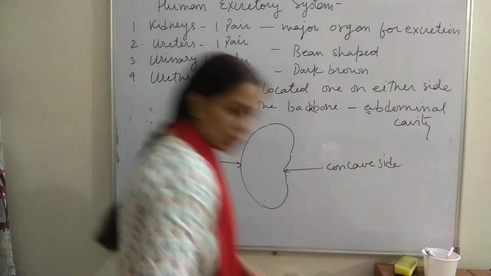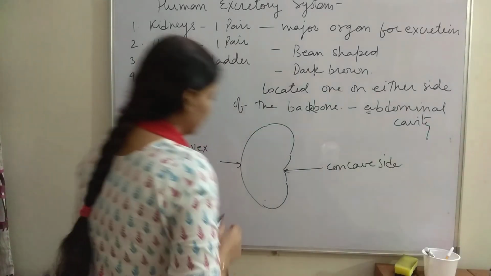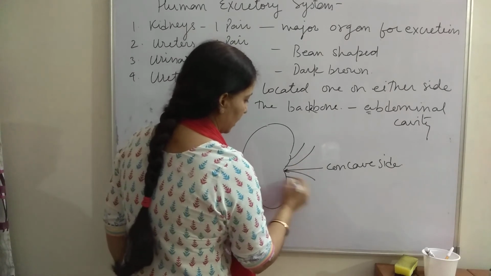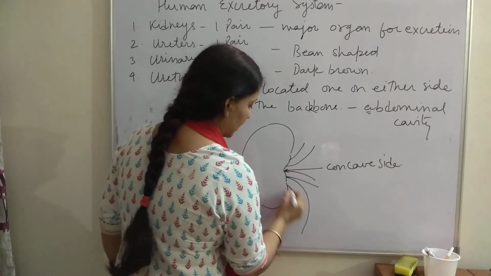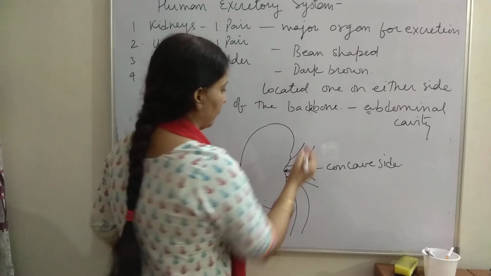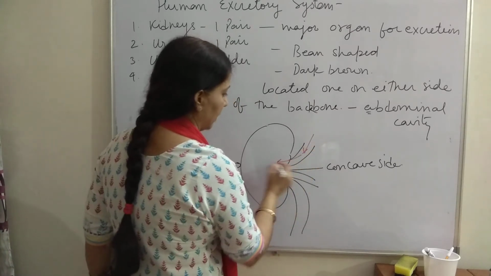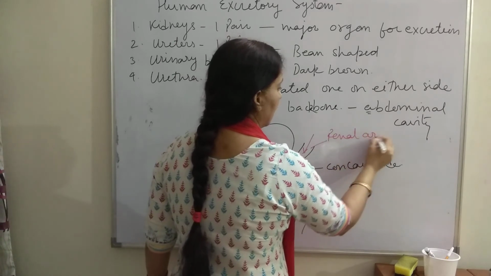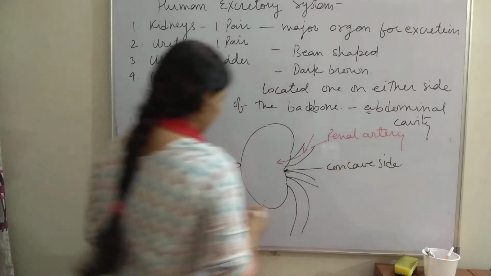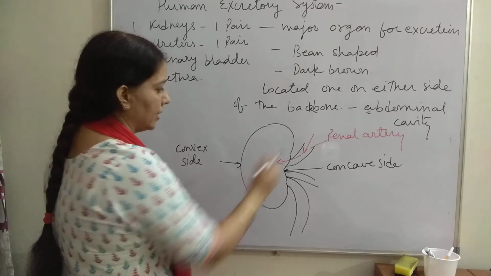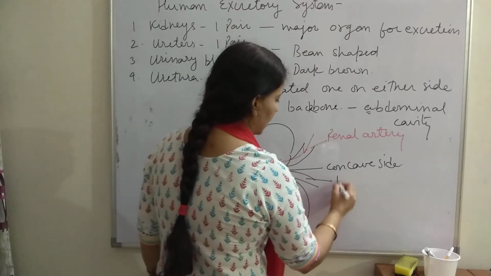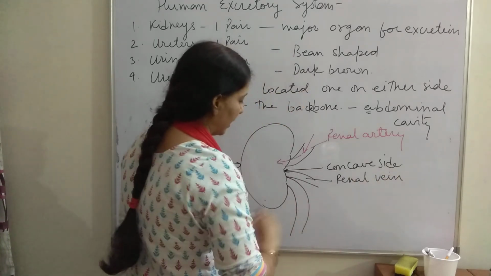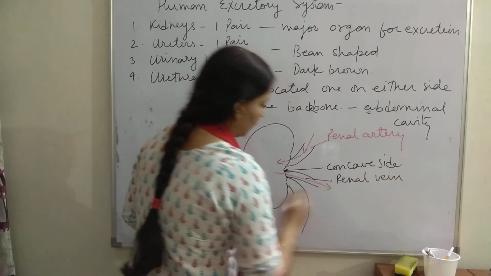Three tubes are connected to it, and these three have different roles. The one which is taking blood inside is called the renal artery. Renal artery carries blood inside the kidney, and the other one is called the renal vein. Renal vein brings blood out of the kidney.